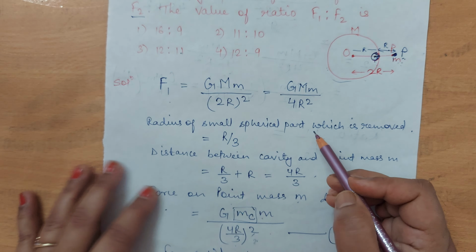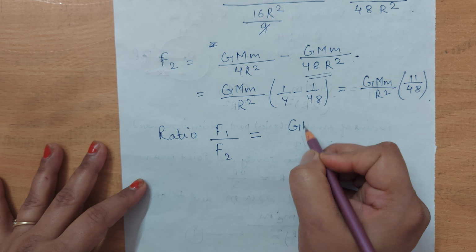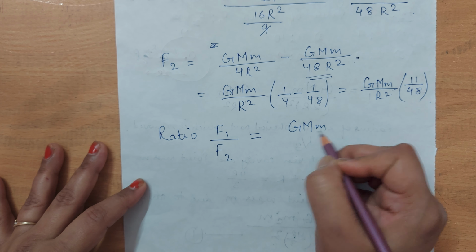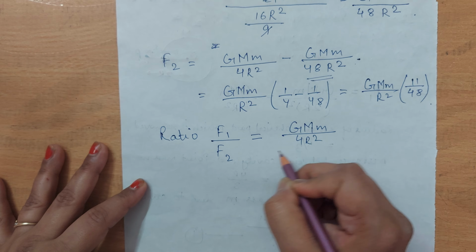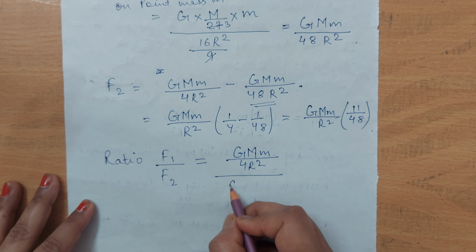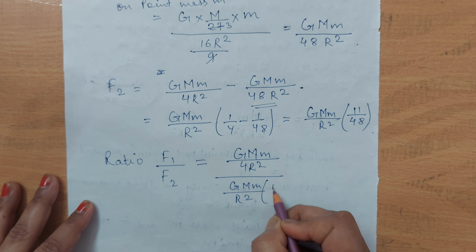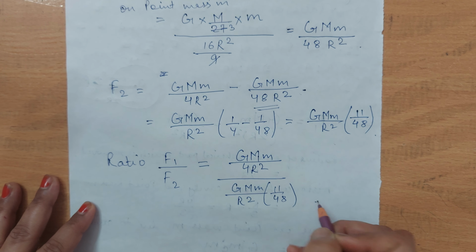So F1 is GMm by 4r square, and F2 we just calculated is equal to GMm by R square times 11 by 48.